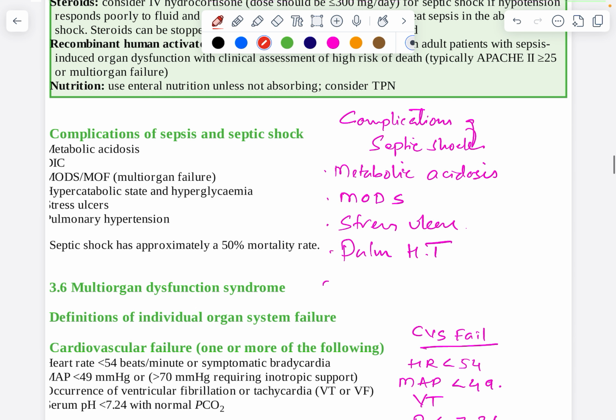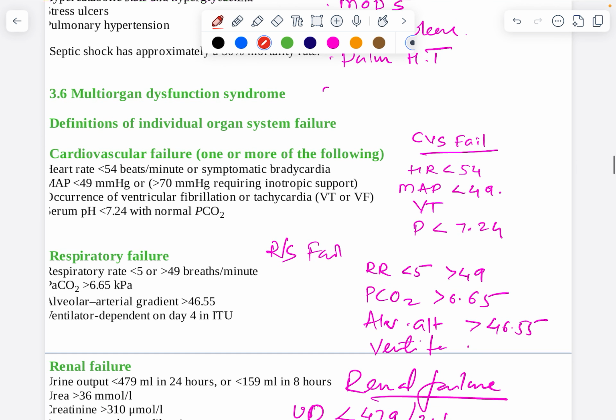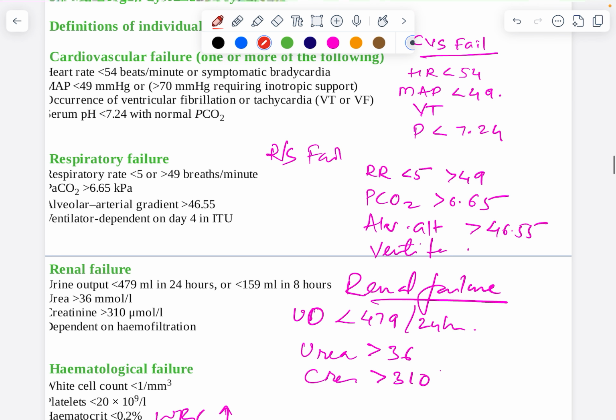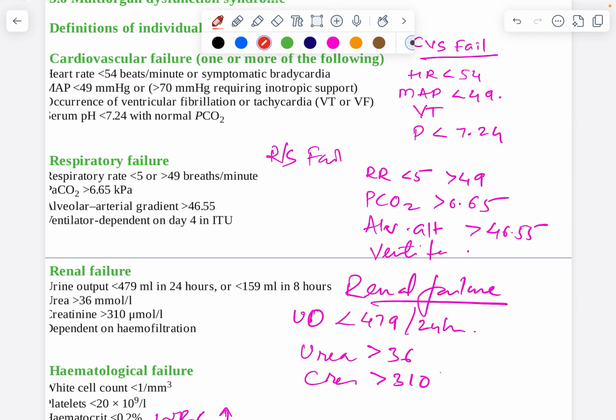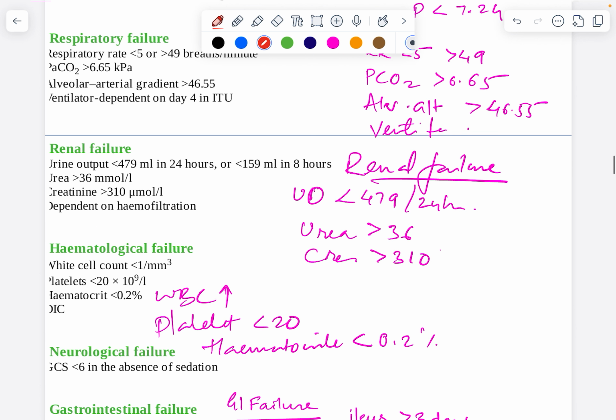Complications of septic shock: metabolic acidosis, multiple organ system failure, stress ulcer. Cardiovascular failure: heart rate less than 54, mean arterial pressure less than 49, ventricular tachycardias. Respiratory failure: respiratory rate less than 5 or more than 49, partial pressure of carbon dioxide more than 6.6, alveolar oxygen gradient, ventilation.